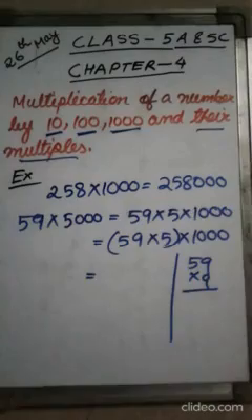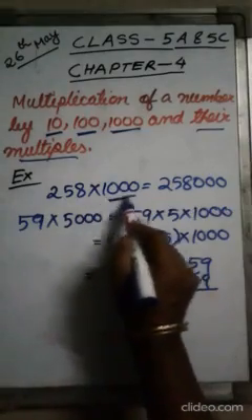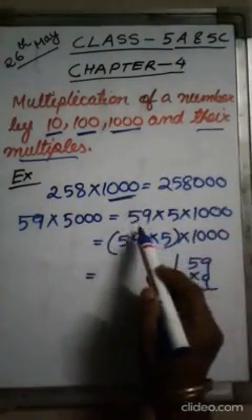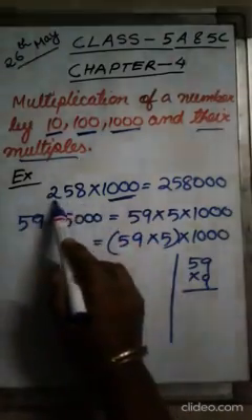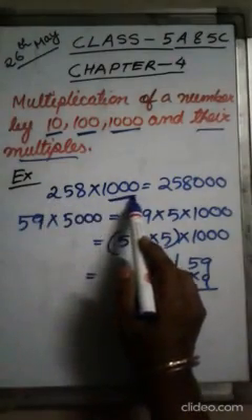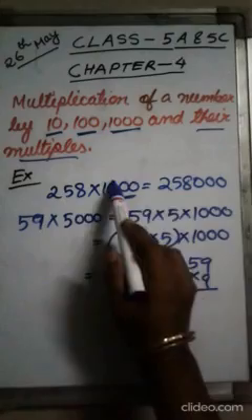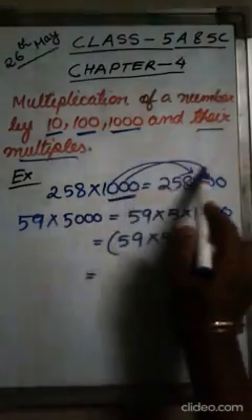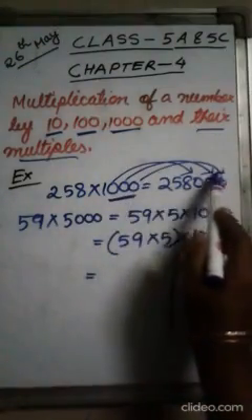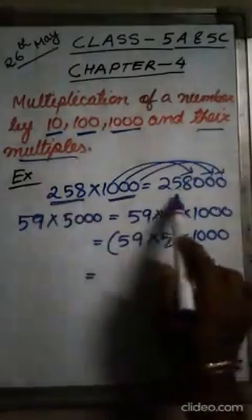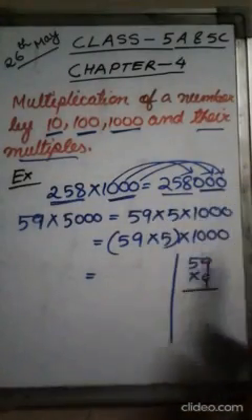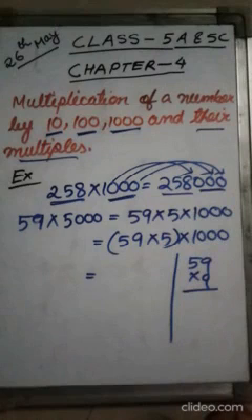The next is multiplication with 1000 and its multiples. So 289 into 1000, 3 zeros are coming after the number. So 258 into 1000 is equal to 2,58,000.